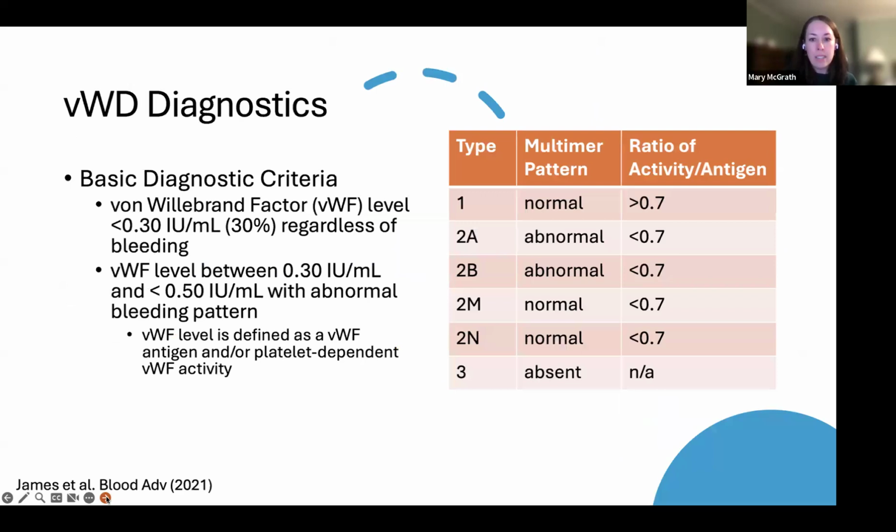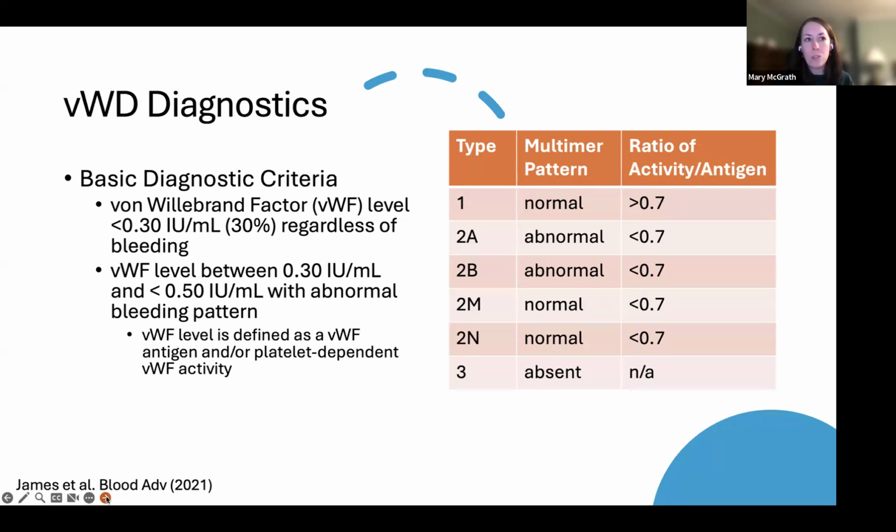One of the great things they did was create clear guidelines for von Willebrand factor level cutoffs for diagnosis. They proposed that a diagnosis of von Willebrand disease should be given to any individual with von Willebrand factor levels that are less than 30% regardless of bleeding.